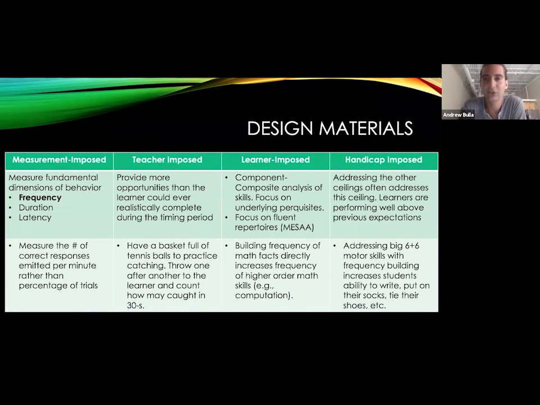I can look at teacher-imposed ceilings. So I'm going to provide more opportunities than the learner could ever realistically complete during the timing period. If I'm teaching someone how to catch a ball, I'm going to have a basket full of tennis balls so they can practice catching. I'm going to throw one tennis ball after another, after another, after another, and I'm going to count how many they caught during that 30-second timing period.